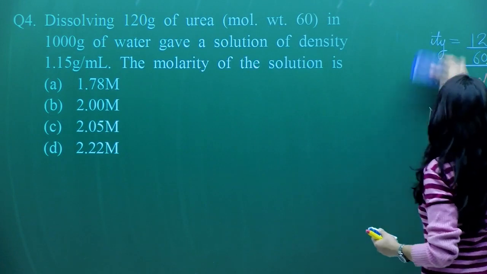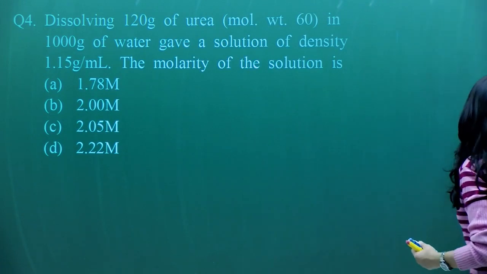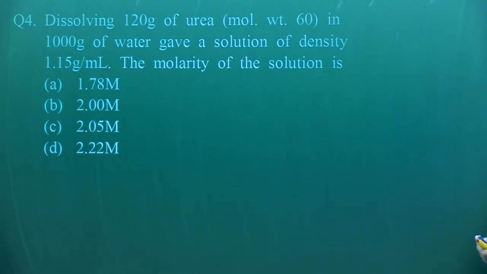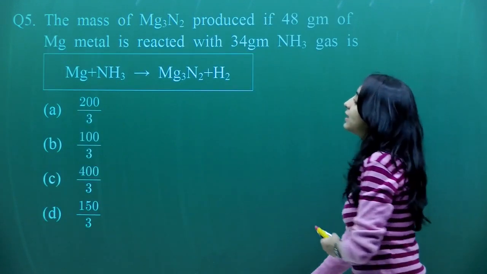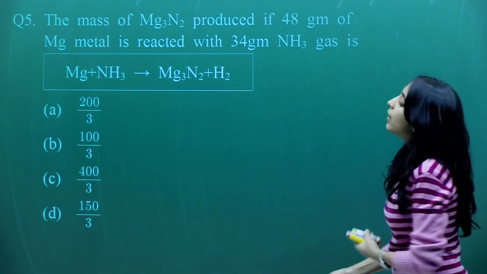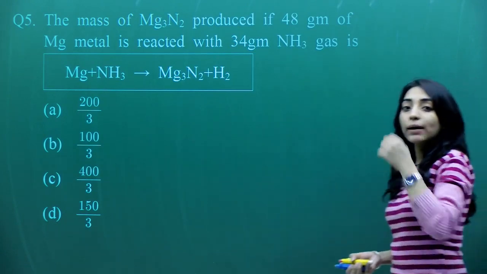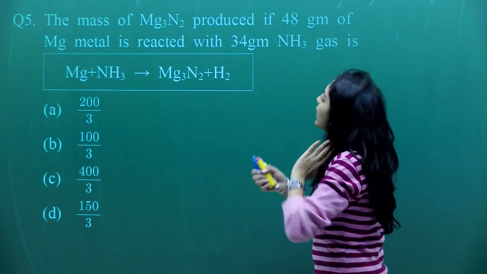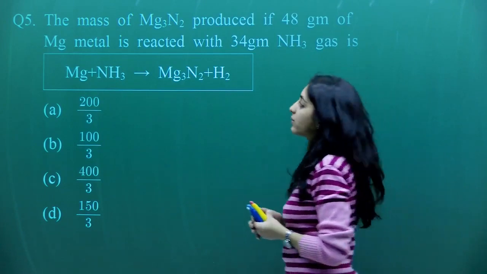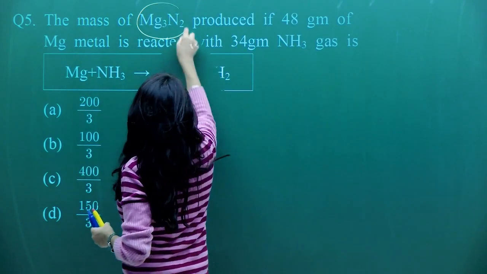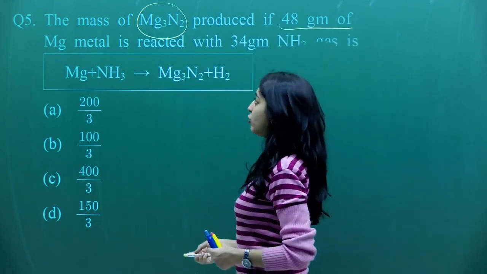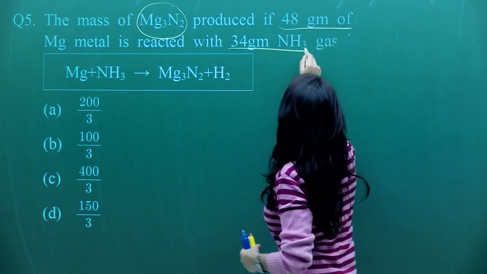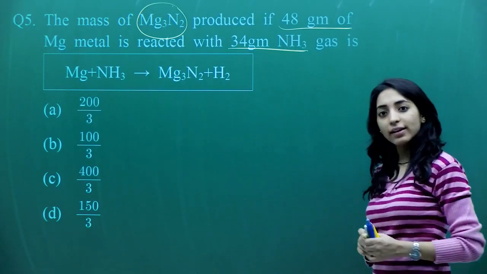So you can read out the question that I'll be depicting on board. The question is, here is the question. The mass of Mg3N2 that will be produced if 48 grams of magnesium is reacted with 34 grams of ammonia gas, right?